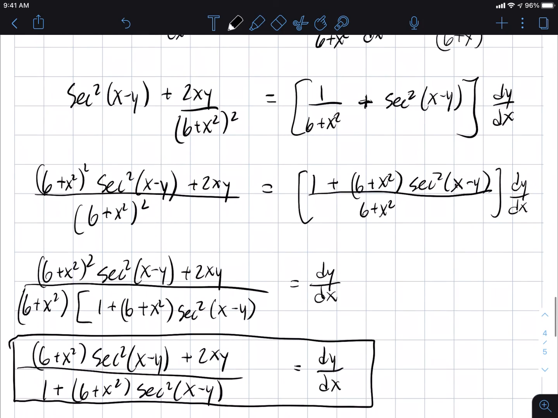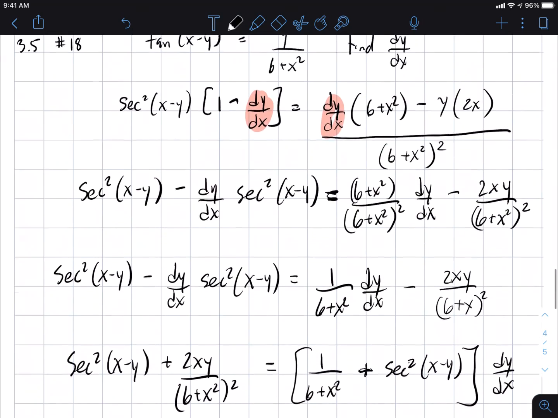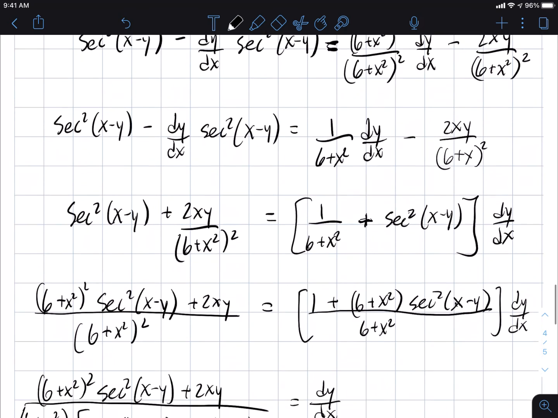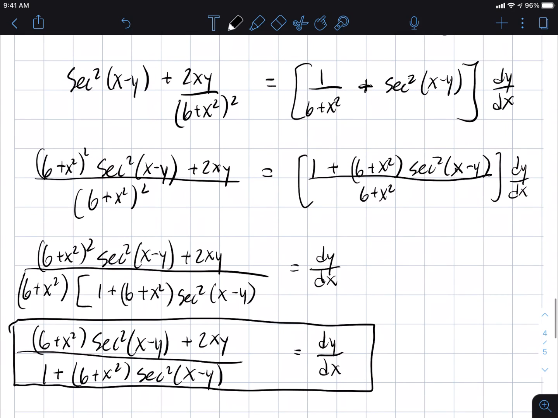All right, that was a lot of steps. Does that make sense? Does anyone need me to scroll up so you can see something on this problem? Or is it okay? Any questions?